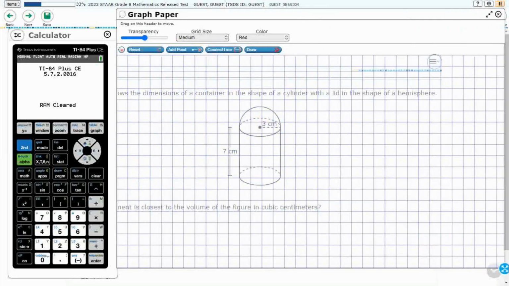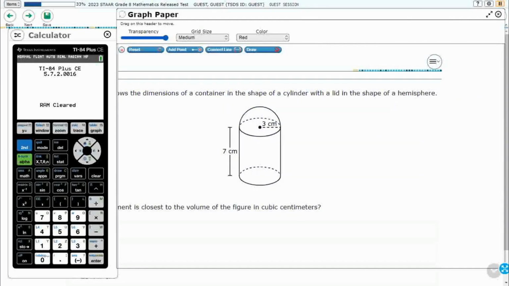That's actually going to be easiest for us to look at if we cut this into two shapes, right? So we've got this half of a sphere, so we can call this a hemisphere, and it's sitting right on top of a cylinder. So let's deal with both of those volumes separately, add them together at the end.